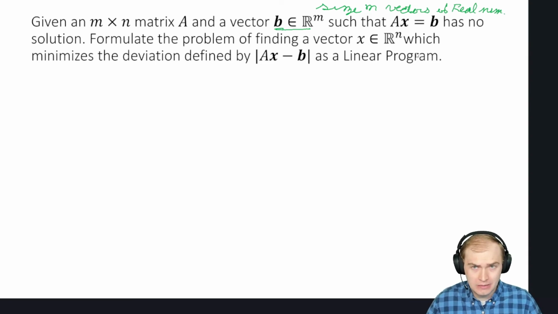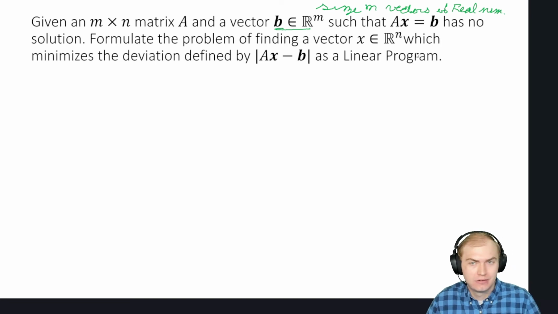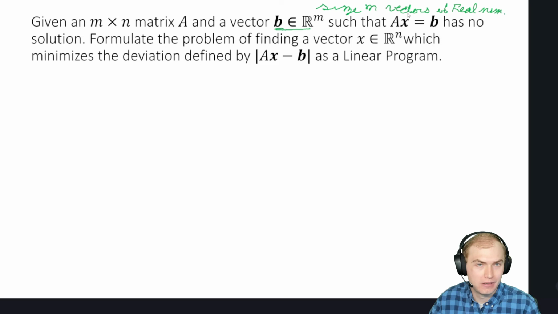Let's think about the problem of finding a vector in Rn which minimizes the deviation of that solution from our system of equations here.